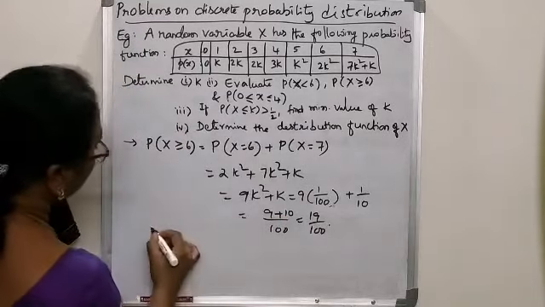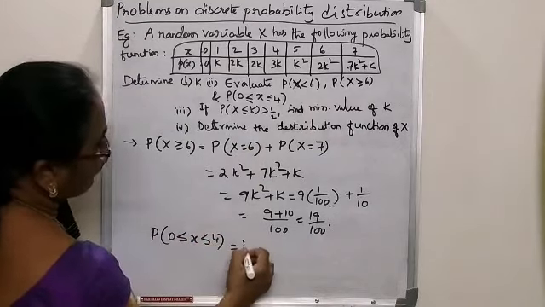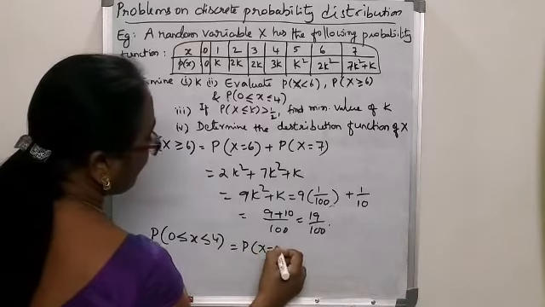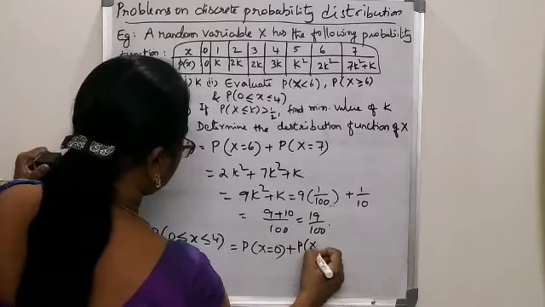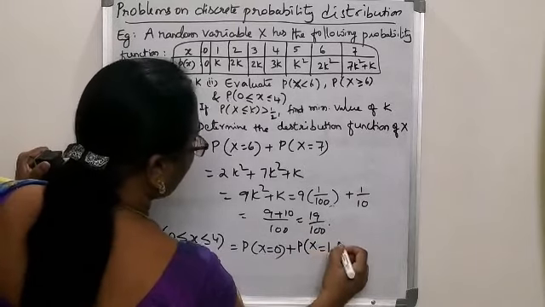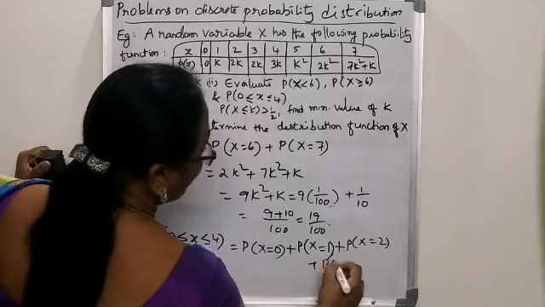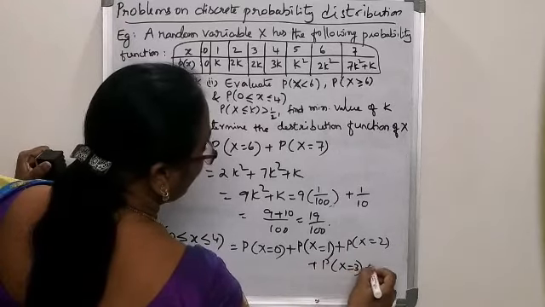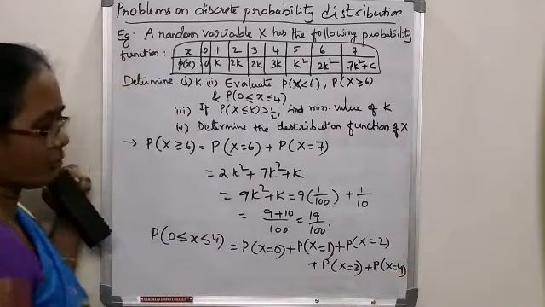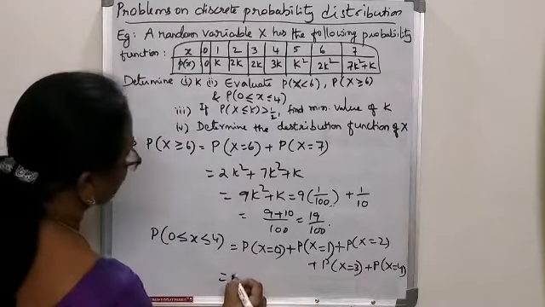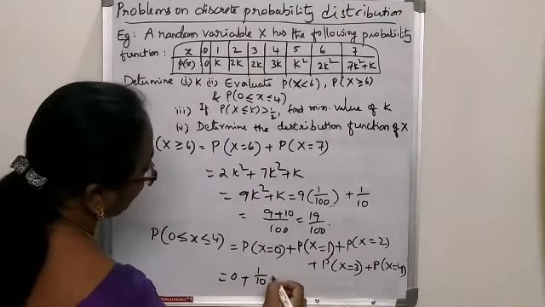Similarly, the other value, P of 0 less than or equal to x less than or equal to 4, is written as the probability that x equal to 0, plus the probability that x is equal to 1, plus the probability that x is equal to 2, plus the probability that x is equal to 3, plus the probability that x is equal to 4. We have P of x equal to 0 is 0, P of x equal to 1 is k which is 1 by 10.